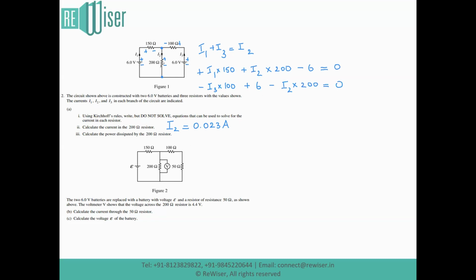Moving ahead, part 3 asks us to calculate the power dissipated by a 200 ohm resistor. Here, for the 200 ohm resistor, we have the value of its resistance R to be equivalent to 200 ohm, and its current I2 is found to be 0.023 ampere.